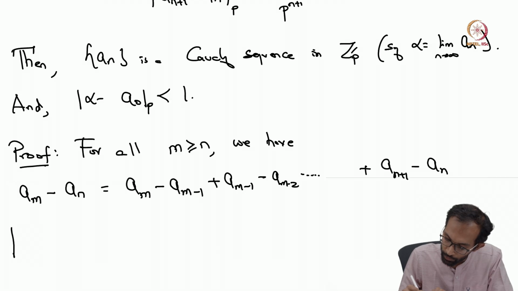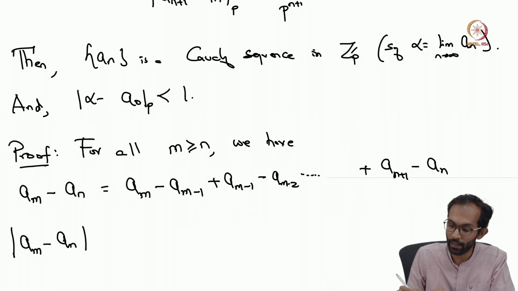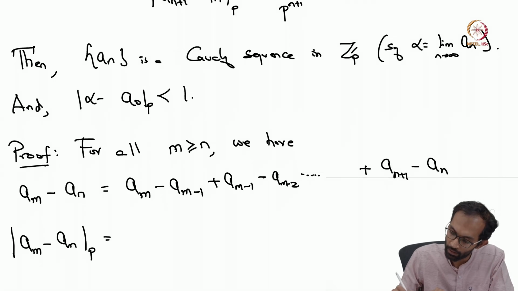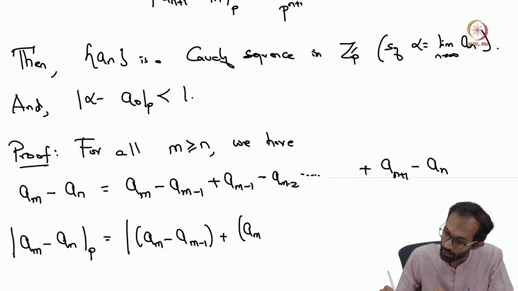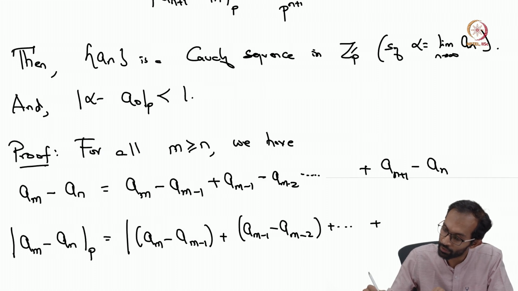And so if you want to compute the p-adic absolute value of the difference between am and an, you collect terms two at a time.